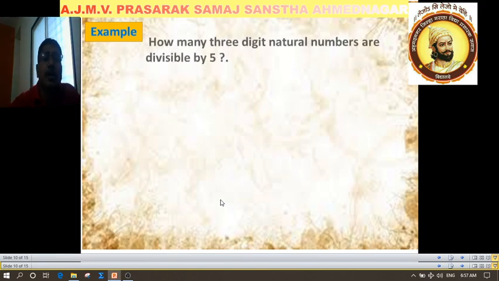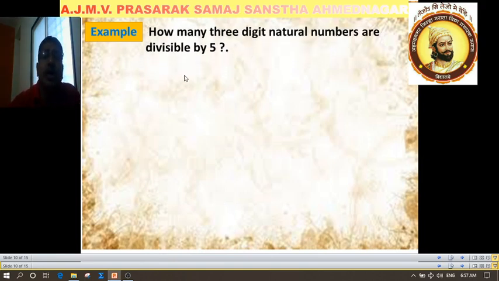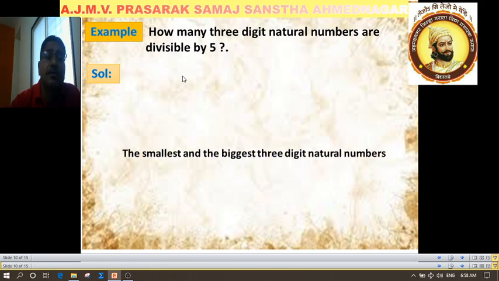Next example: how many 3-digit natural numbers are divisible by 5? Solution: the question is, how many 3-digit natural numbers are divisible by 5? See here, the first 3-digit natural number which is divisible by 5 is 100, and the last 3-digit natural number which is divisible by 5 is 995.